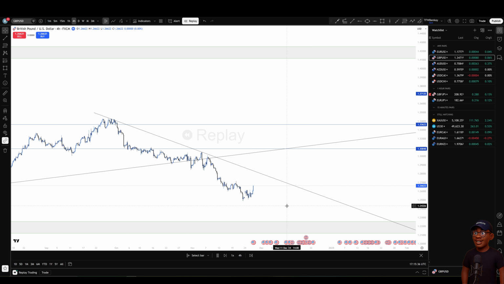All right, so we can see some significant moves on the upside. Okay, it's getting close to the trend line. Okay, so it teases a little bit.